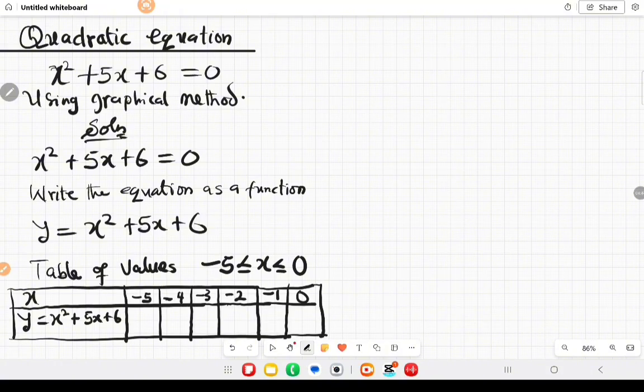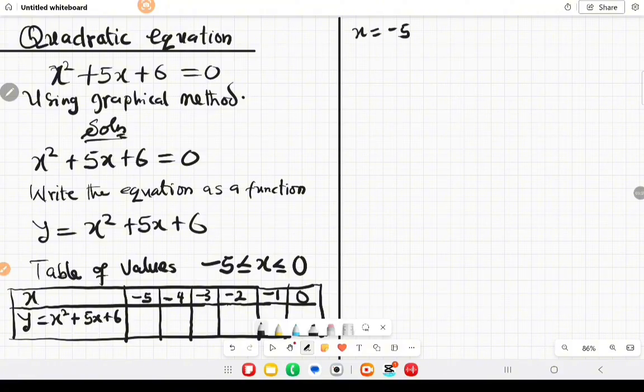Now we have drawn the table of values, with x in the range of minus 5, minus 4, minus 3, minus 2, minus 1, and 0. Now we want to find the value of y. When x is minus 5, what will be y? We substitute minus 5 in place of x: y equals minus 5 all squared plus 5 times minus 5 plus 6.